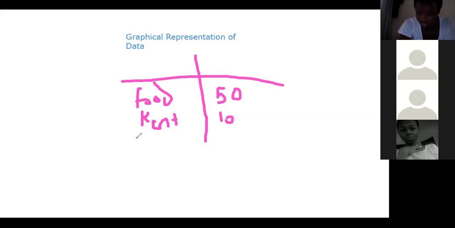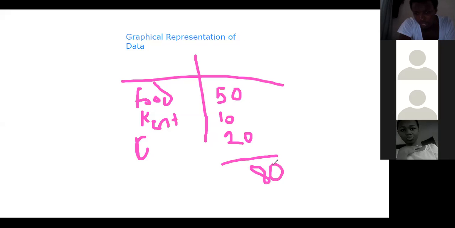Maybe we had clothing, let me represent it by C, so clothing maybe $20. They say these are the monthly budgets of the family. We budgeted food to be $50, this and this and this, and we want to represent the data we've been given in a pie chart. What we first do is find the summation of these values. So the summation of these values will amount to $80.